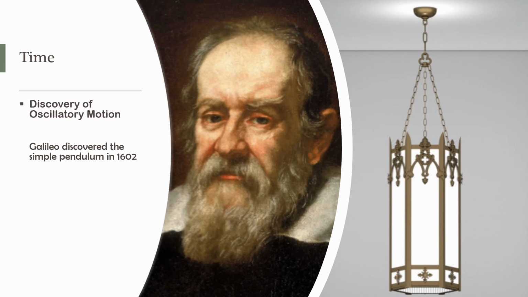Discovery of oscillatory motion. The oscillatory motion of the pendulum was discovered by Galileo in 1602. When he was in the church, the candle lamps hanging on the ceiling were moving periodically by the breeze.